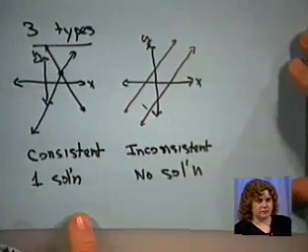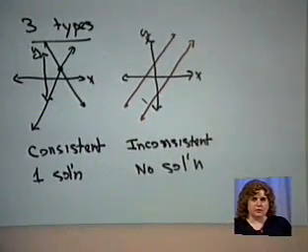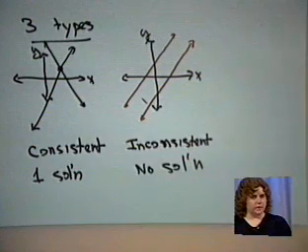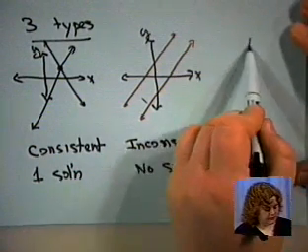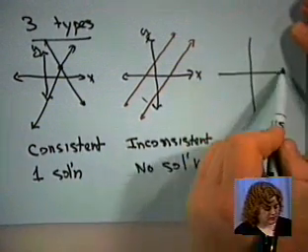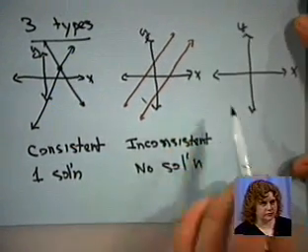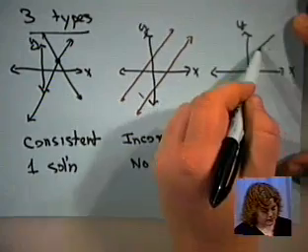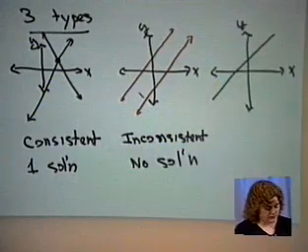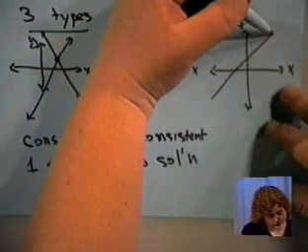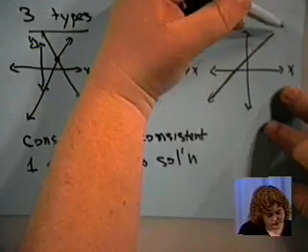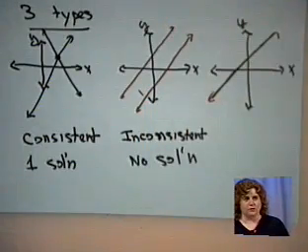And the third possibility is that you get two different equations, and when you graph them, you discover they're really the same line. They've just been disguised somehow, and we'll see how that works at some later time. If I graphed the lines, they would just be one atop the other, and that is called dependent.